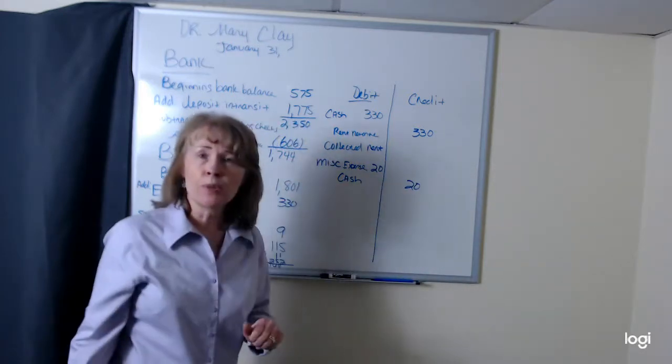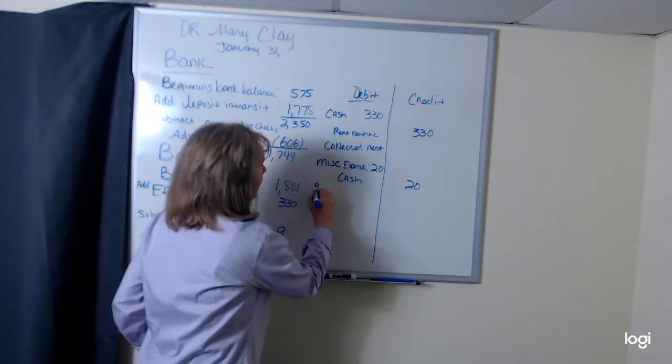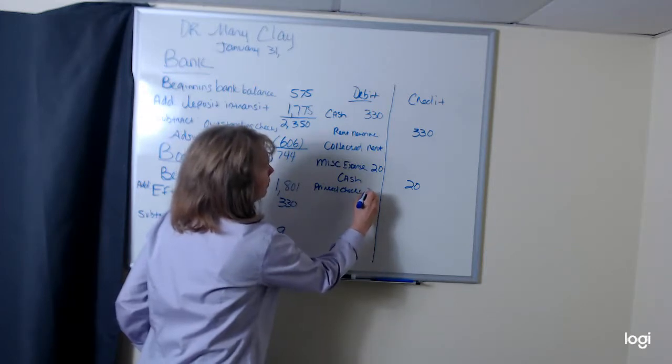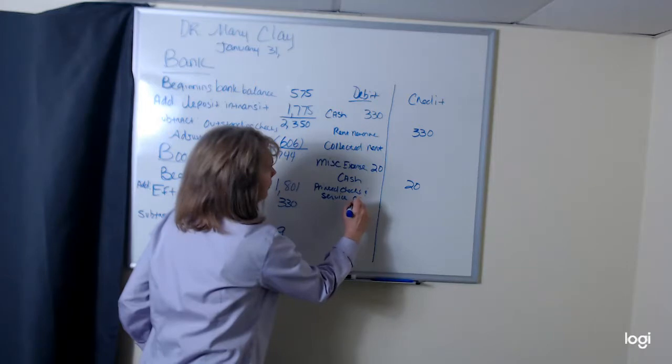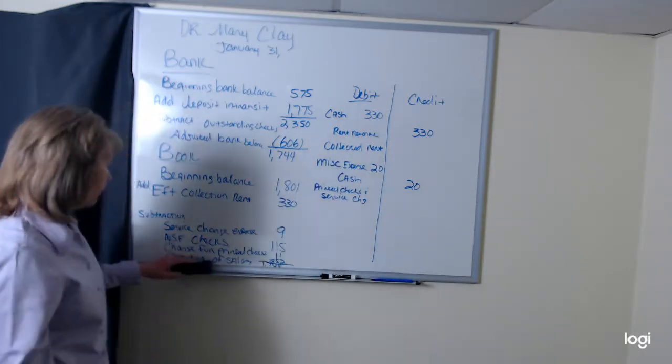Okay, my description, I could tell myself printed checks and service charge. Okay, so that's our second journal entry.